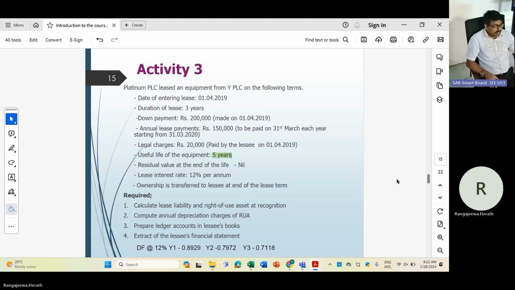So we can easily calculate the lease liability, right? 150,000 for 3 years, discounted using the given discounting factors 0.8929, 0.7972, 0.7118.